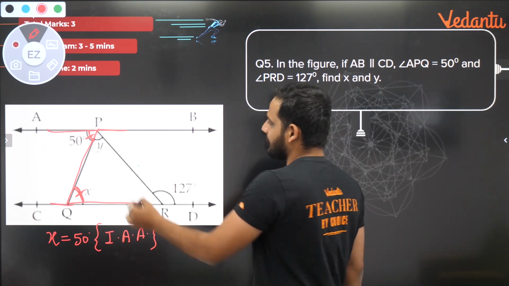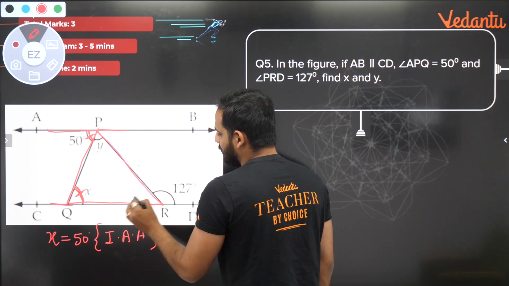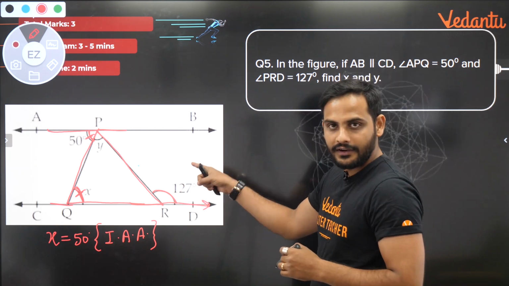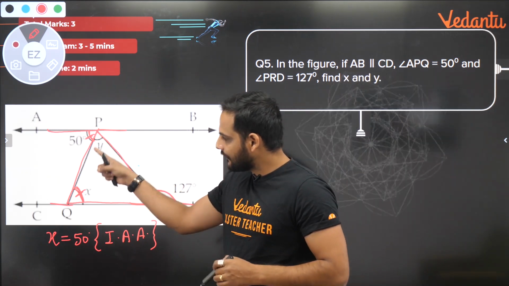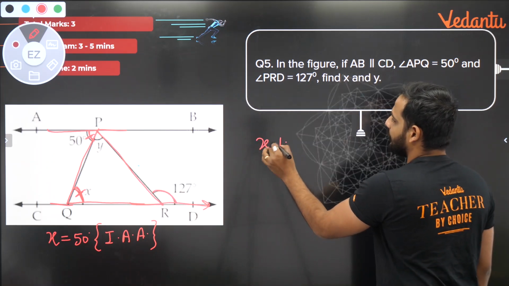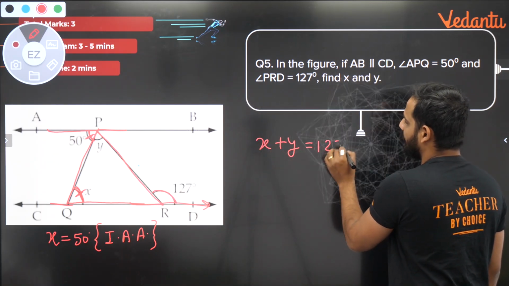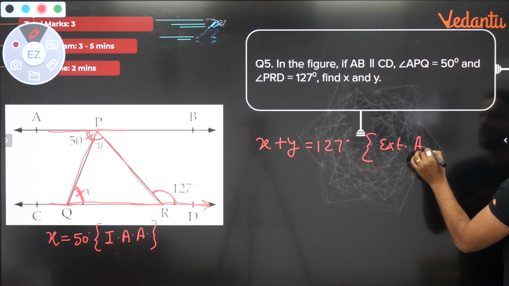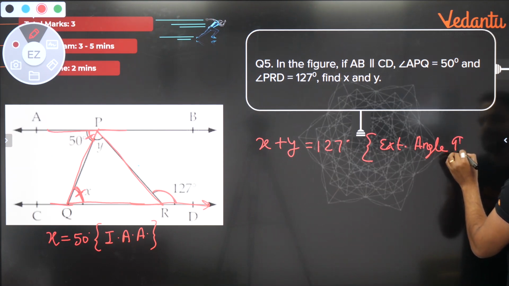Now, using the exterior angle theorem, bachcho, I know that this is an exterior angle. 127 is the exterior angle, its value should be equal to the sum of the other two angles, which is x plus y. Right? So I can say x plus y should be equal to 127 degrees. Why am I saying that? Because of the exterior angle theorem.